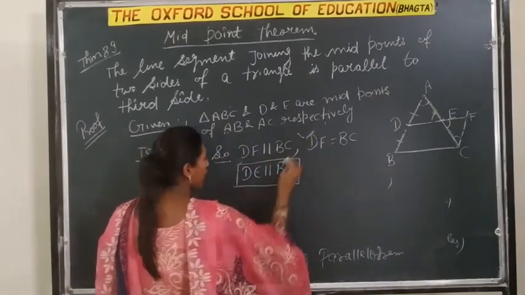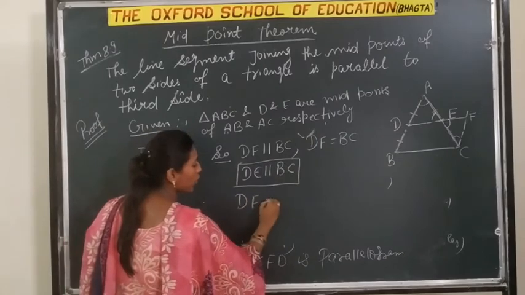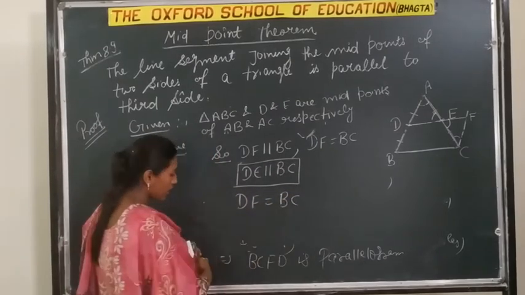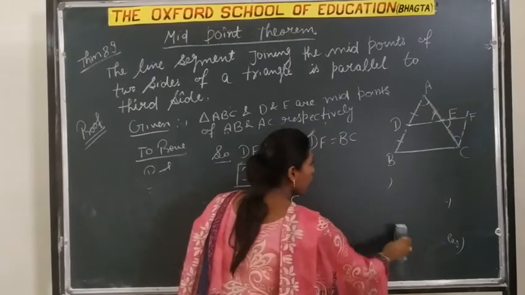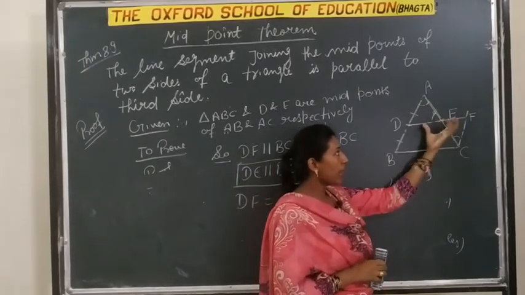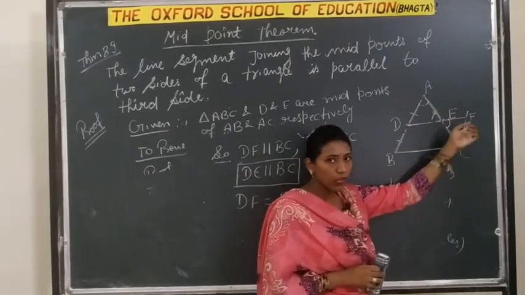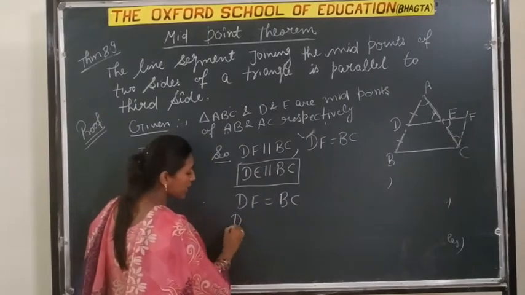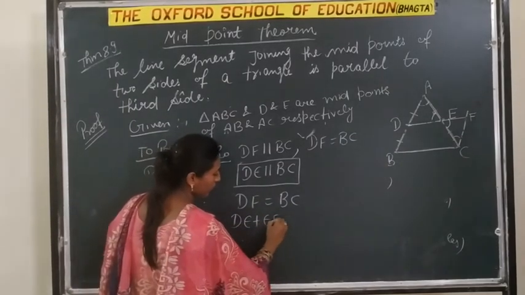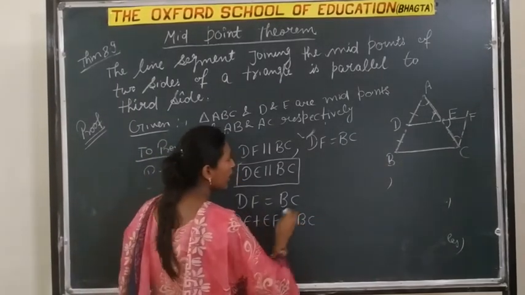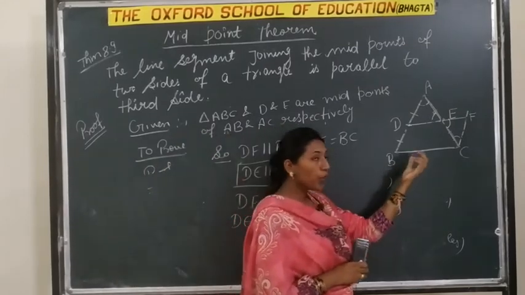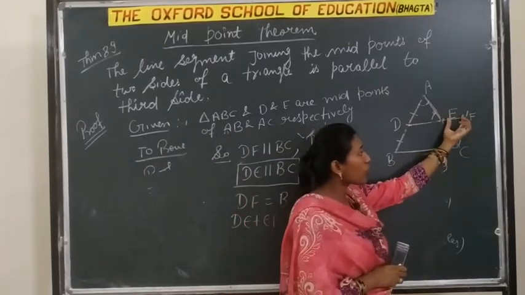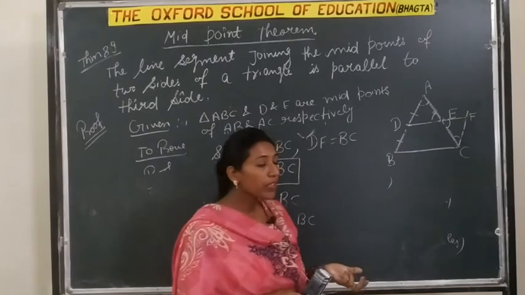We have DF equal to BC. We can also write DF as DE plus EF. And we proved that DE equals EF. How did we prove it?